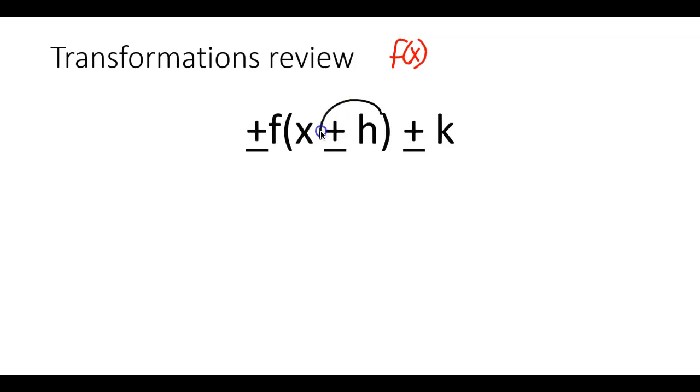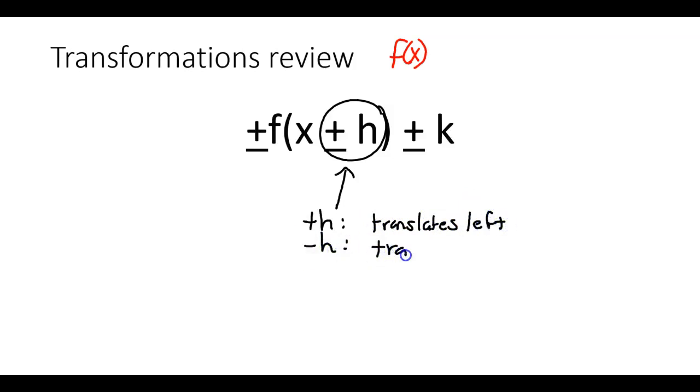So here, we'll look at that first. If you have a positive h, what that does is that moves your graph to the left, actually. If you have a negative h, it translates it to the right. So it just slides it to the right and left based on the h value there.